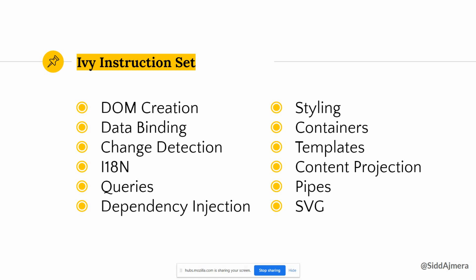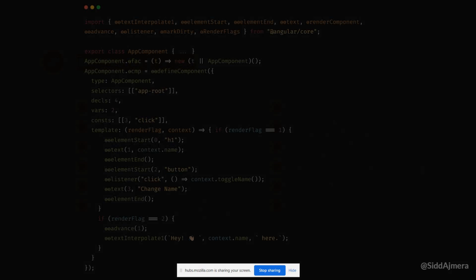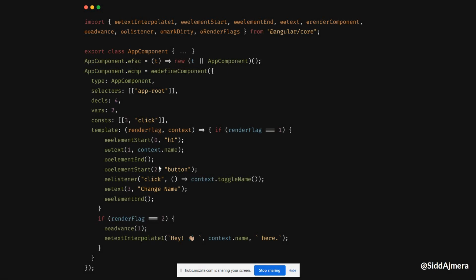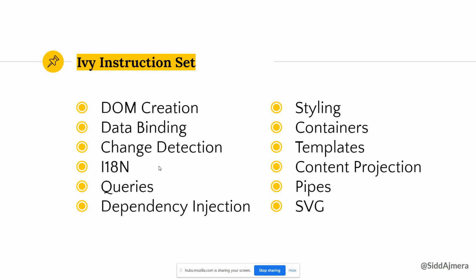So there is an Ivy instruction for each and every specific use case that we might come across in Angular. There is an Ivy instruction set for DOM creation, which is exactly what we see right here where we are creating the DOM. Then there are Ivy instructions for data binding, change detection, generating templates, SVGs, dependency injection, and so on and so forth.